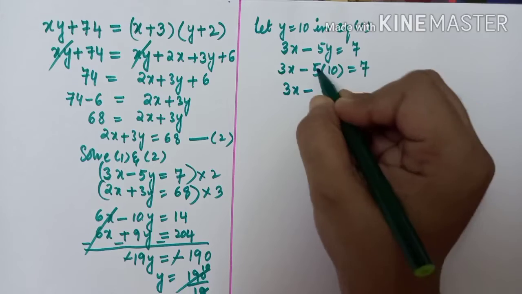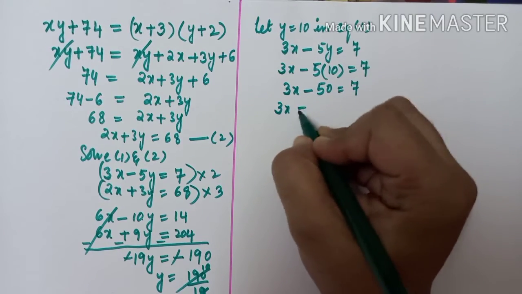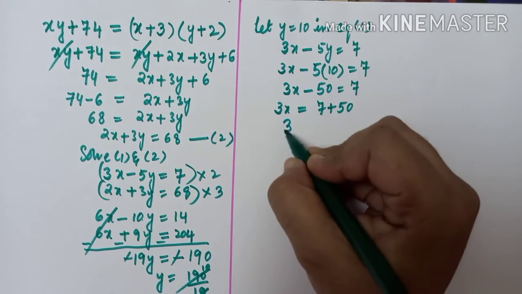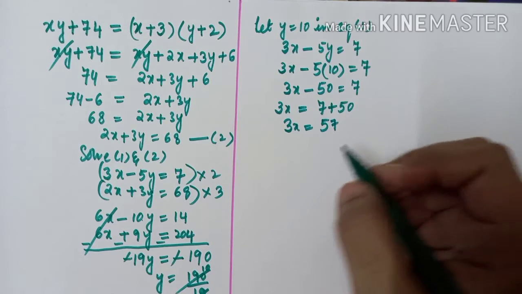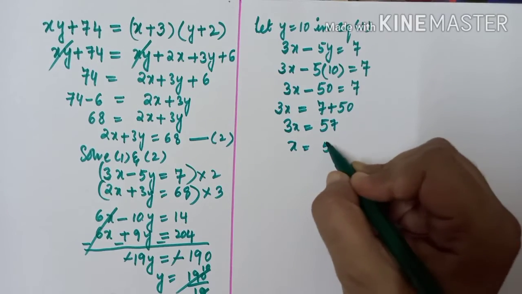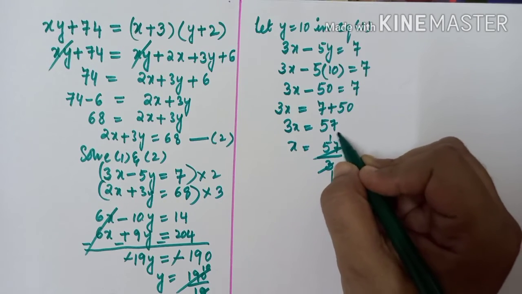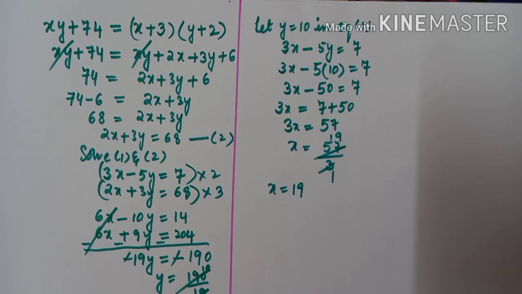So 3x minus 5 tens is 50 equals 7. Now 3x equals 7, this minus 50 will become plus 50. Now 3x equals 7 plus 50, which is 57. So x equals 57 divided by 3. 3 ones are 3, 3 ones are 3, 2 is remaining, 27, 3 nines are 27. So x will be equal to 19.